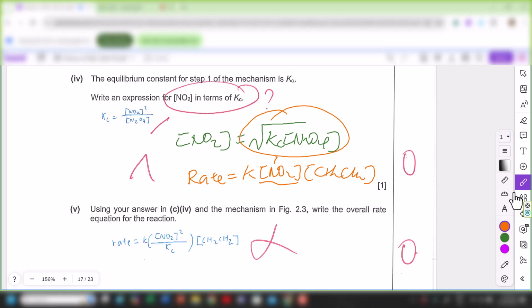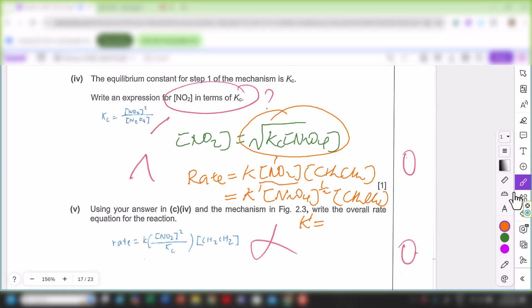Yeah, then that will be my answer to part 5. So eventually I'll get K prime, N2O4 to the power half, and then CH2, and then you can define K prime for me.